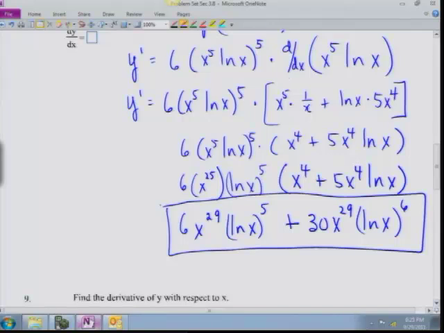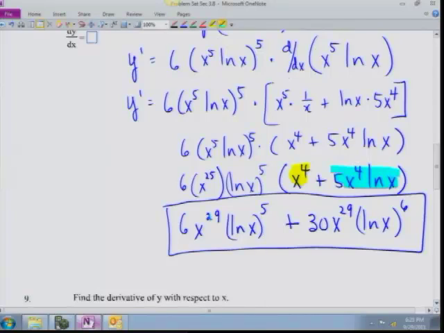Why do you have 30x to the 29th? This piece times this part, the entire thing. Yeah, because you've got two pieces in here, and it's like you're distributing this with here and get this, and then with here and get this. Does that make sense? You're not just multiplying everything by 6. You're multiplying everything by this whole thing. Yeah. Okay.